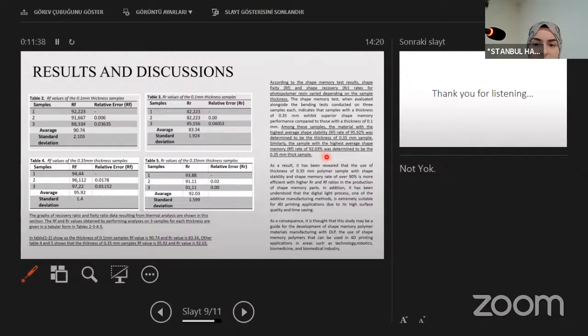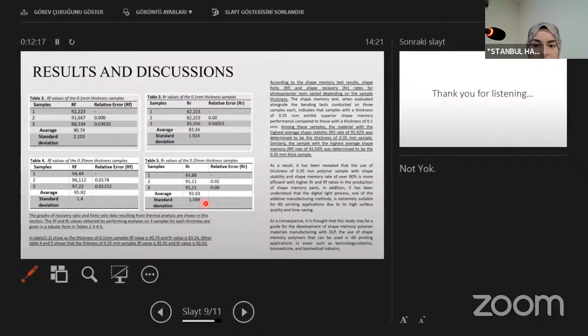Similarly, the sample with the highest average shape recovery ratio, 92%, was also the 0.35 millimeter thickness. As a result, it has been revealed that using the 0.35 millimeter polymer sample, with shape fixity and shape recovery rates of over 90%, is more efficient, with higher recovery and fixity ratios in the production of shape memory parts.